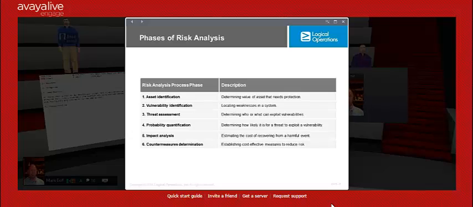Okay, once you've conducted your vulnerability assessments and your threat assessments, now comes the probability calculations. Is there a threat that a meteor might strike my building, leaving a large hole in the ground where my building used to be?